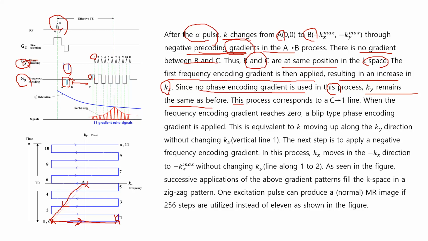So this process corresponds to the C21 line. And when the frequency encoding gradient reaches 0, a phase encoding gradient is applied. So this is equivalent to k moving up along the ky direction without changing kx.